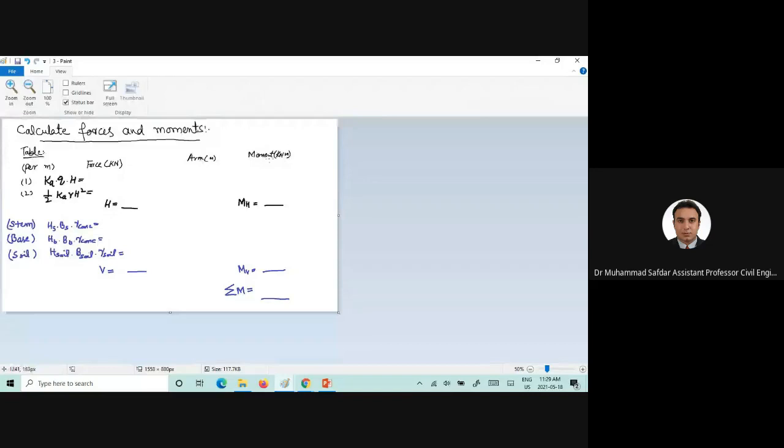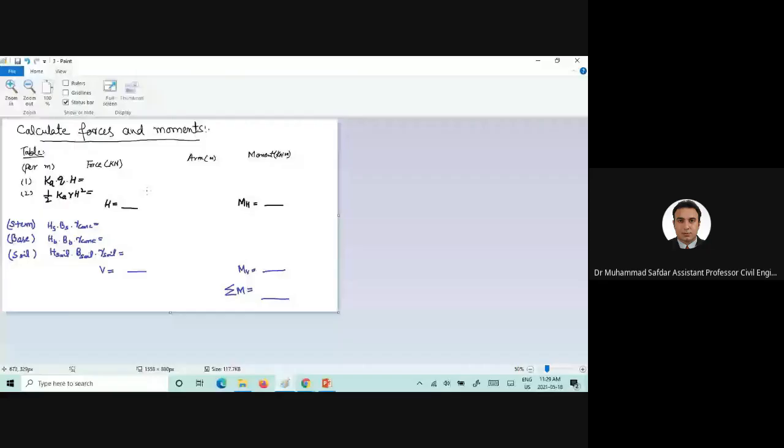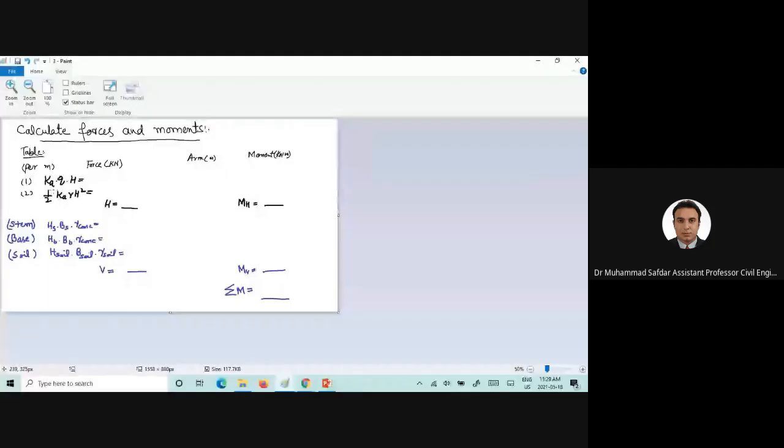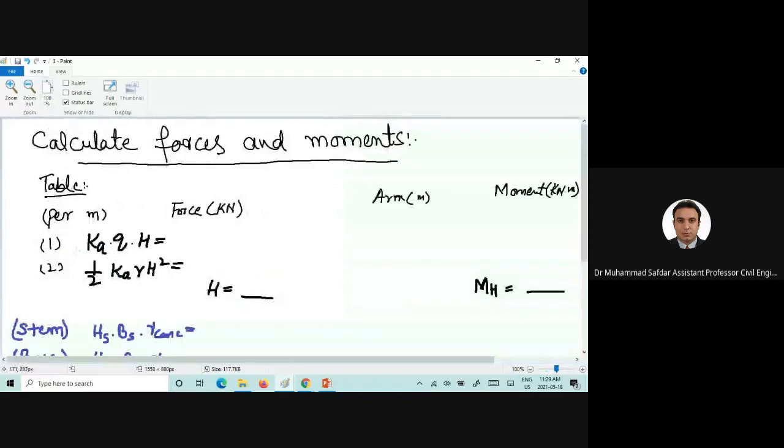So, for example, we will start with the horizontal force due to the surcharge pressure which is exerted on top of the retaining wall. So it will be Ka into Q into H. So please kindly give me the value for this. What would be the value?